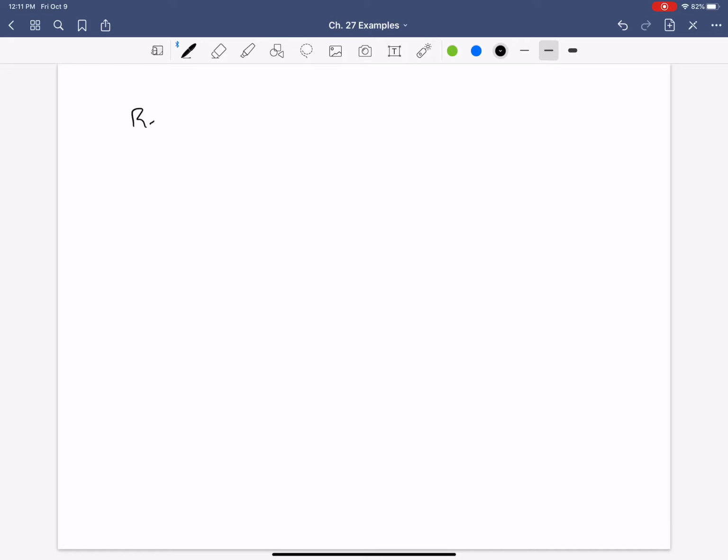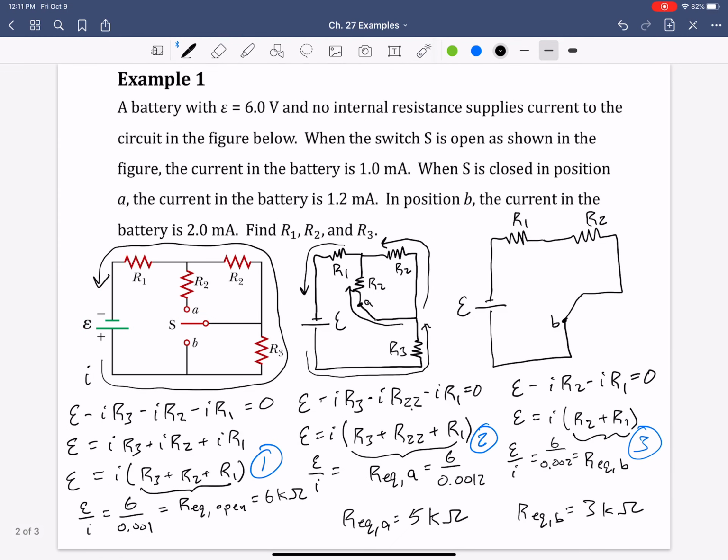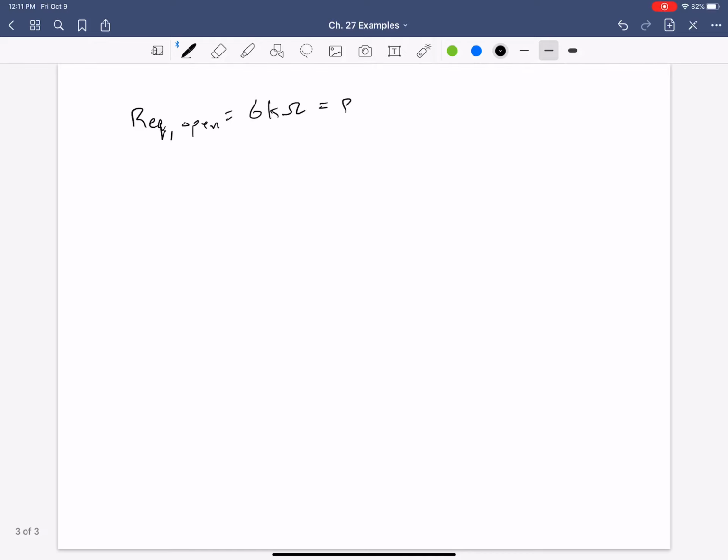That was equal to, I'll call it 6 kiloohms, and that expression was simply R1 plus R2 plus R3.